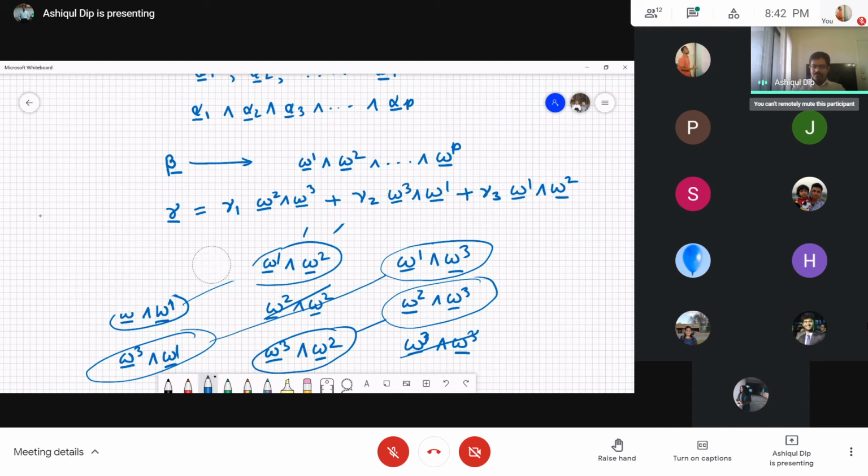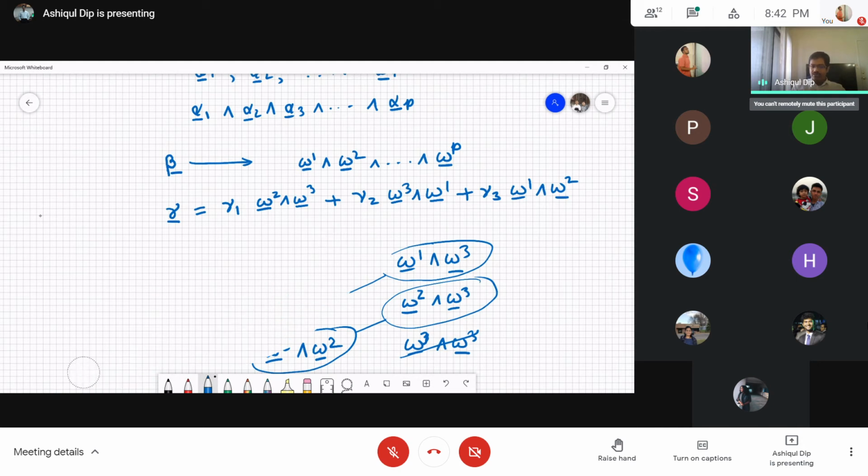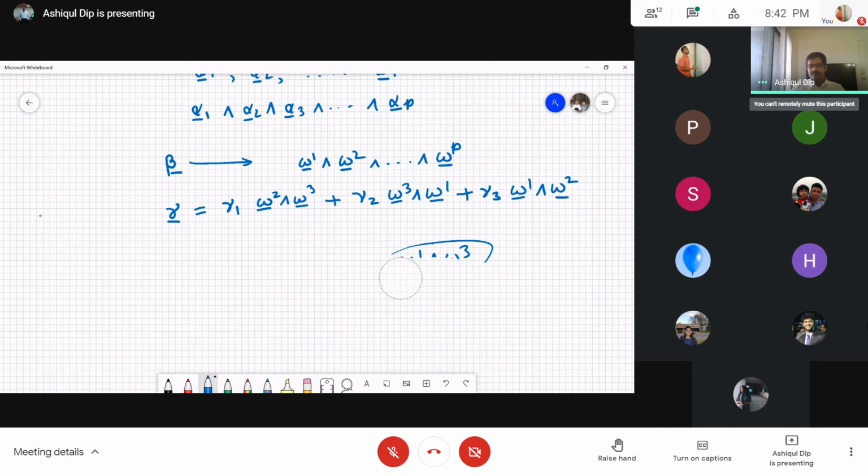So now, gamma is a two-form, but it's obviously a tensor as well, right? It's a second rank tensor, a 0-2 tensor. All two-forms are 0-2 tensors, right? Okay.